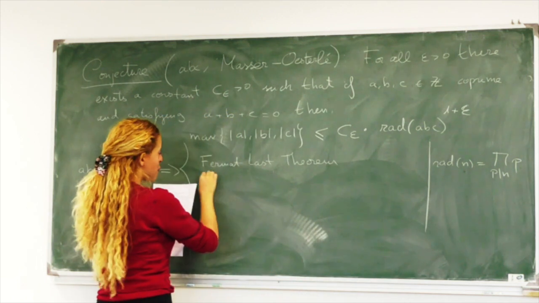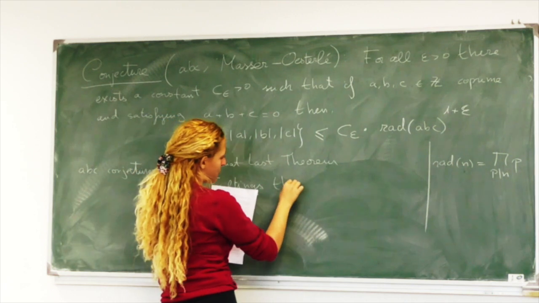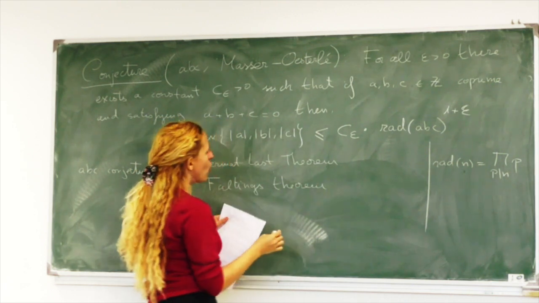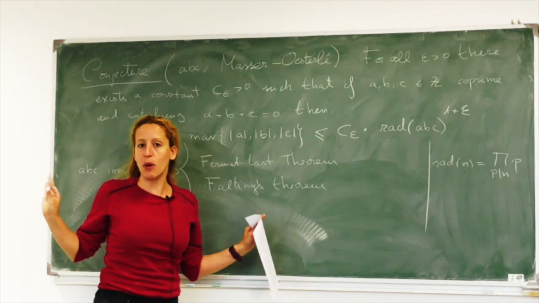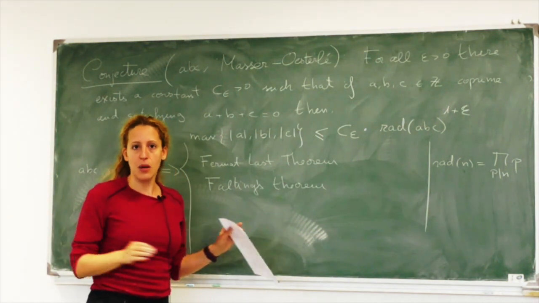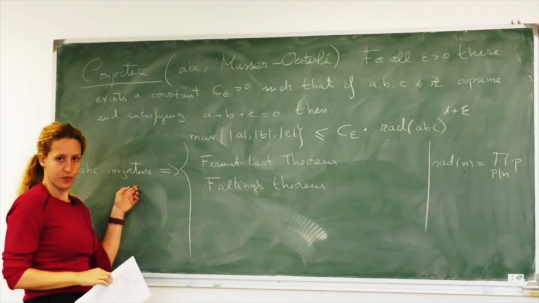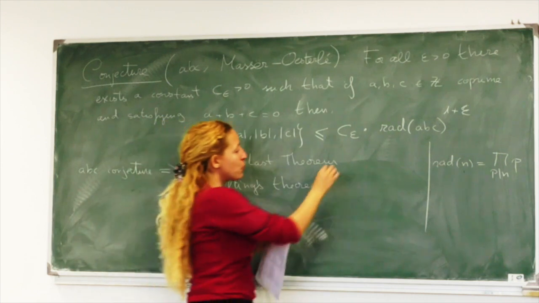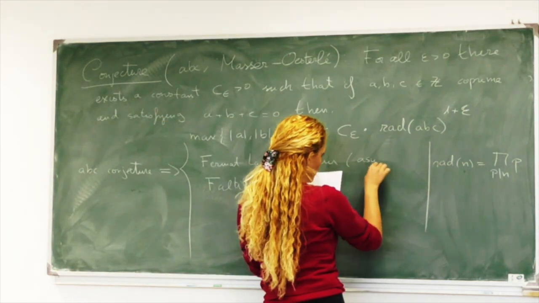It implies Faltings' theorem. Faltings' theorem is already proved, we just saw a proof based on the Bogomolov inequality, but we would have a trivial proof if this were true. Fermat's Last theorem, well, at least an asymptotic version.